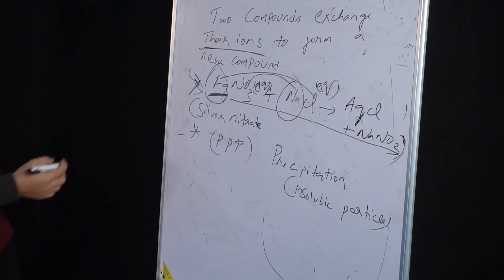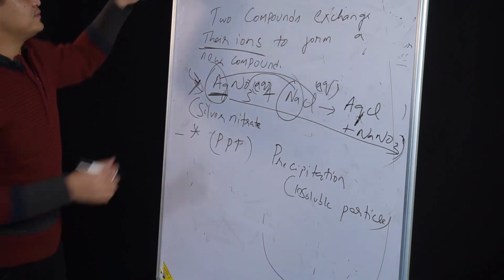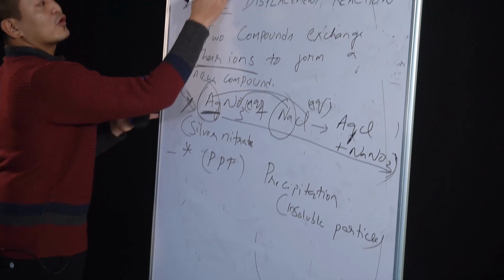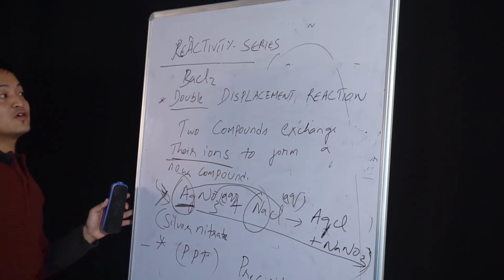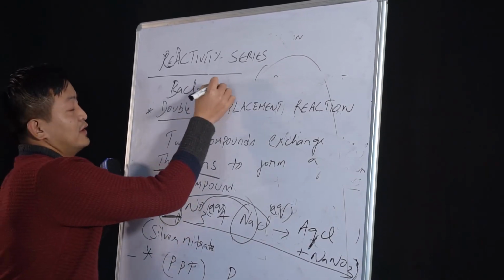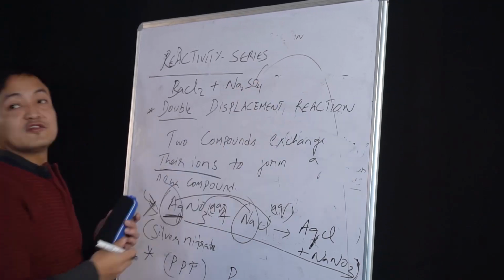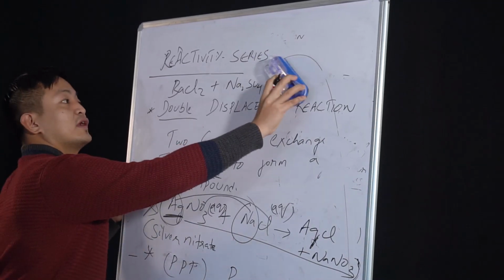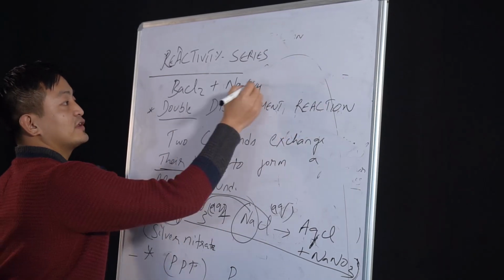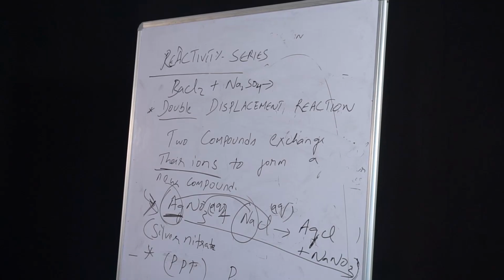Now, the second example I'll give you for this double displacement reaction: let's take barium chloride, BaCl2, which reacts with sodium sulfate, Na2SO4. So students, just have a look at this equation.